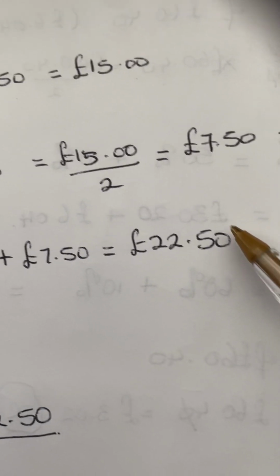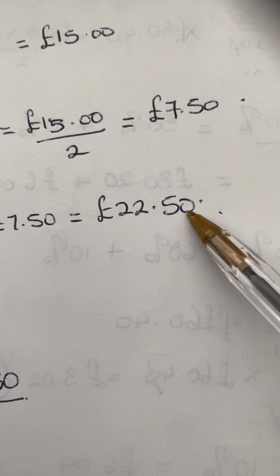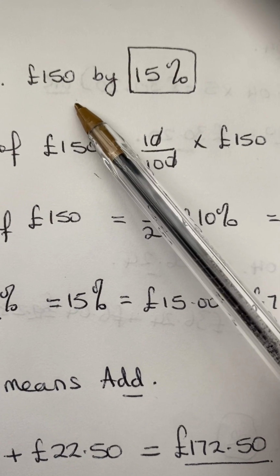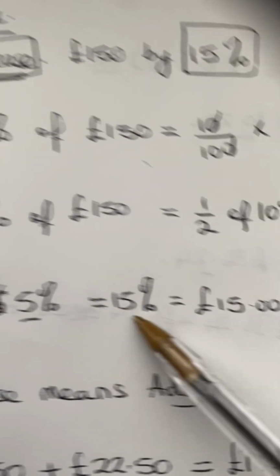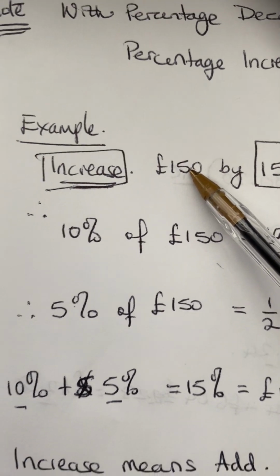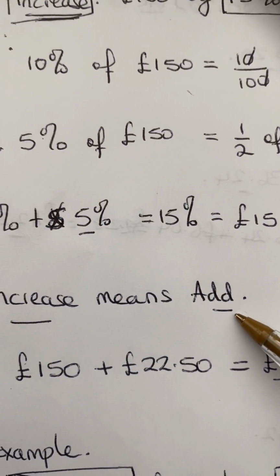That is £22.50 of 150 pounds. That is 15% of 150 pounds. Okay, so if you are increasing, it means you should add.